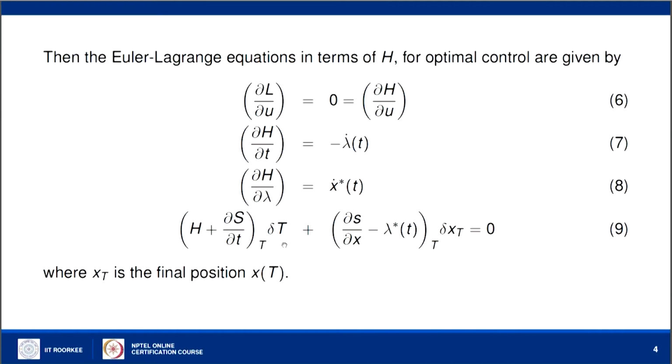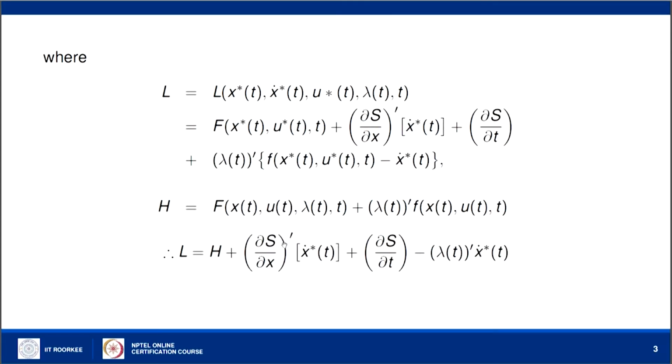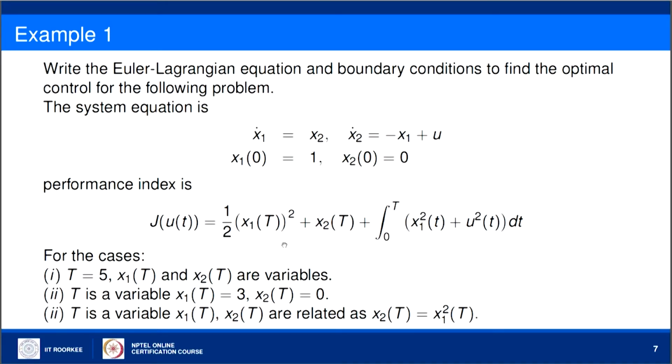We are considering the problem given in 1 and 2. So, S as a function of capital T, and inside the integral we have the capital F function. In this particular problem we consider capital F function as x1 squared plus u squared. The final boundary conditions we consider are the following.